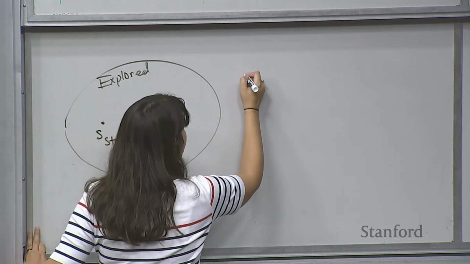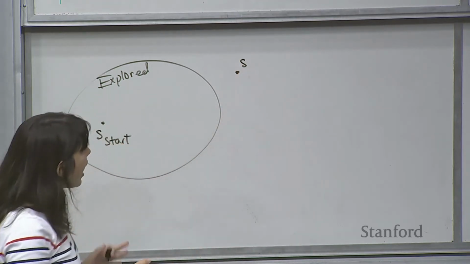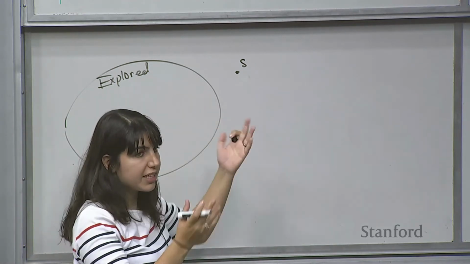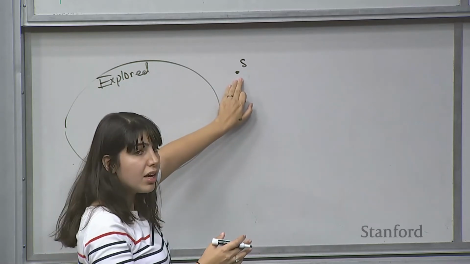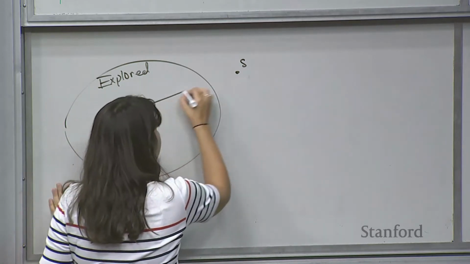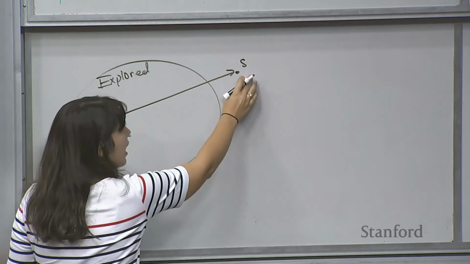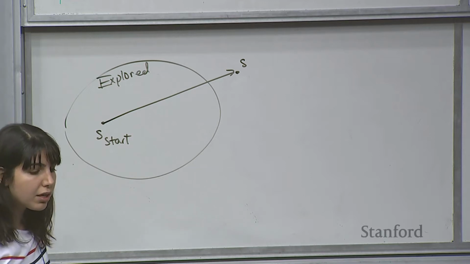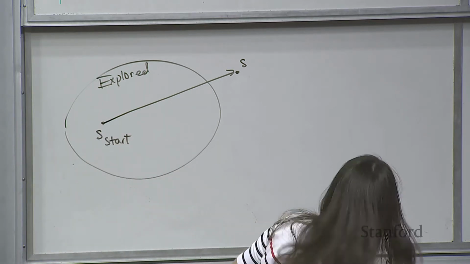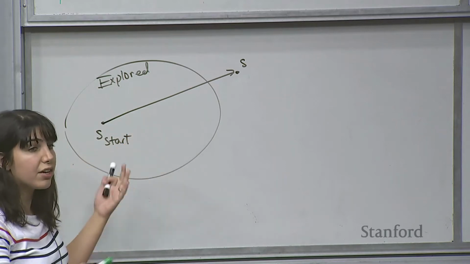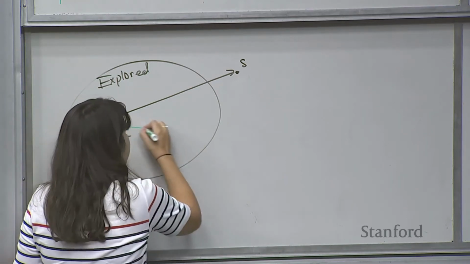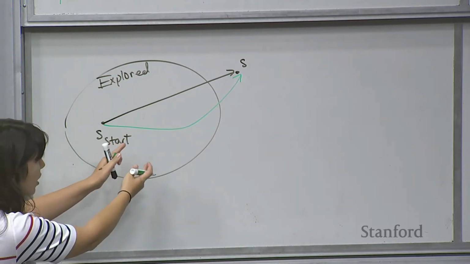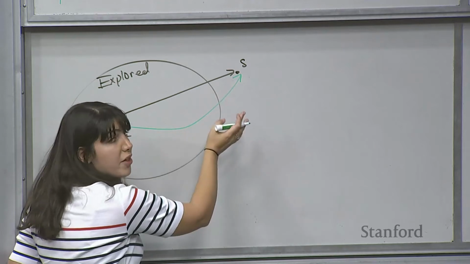Then I have some state S that right now I've decided to pop off the frontier to explored, because it has the best past cost. What the theorem says is that this path that I have from S start to S is the shortest path possible to get to the state S. The way to prove that is to show that the cost of this path is lower than any other path that goes from S start to S. So let's say there is some other path, this green one, that goes from S start to S some other way.